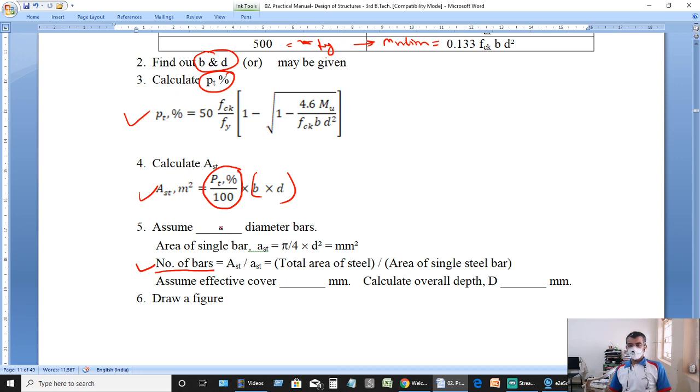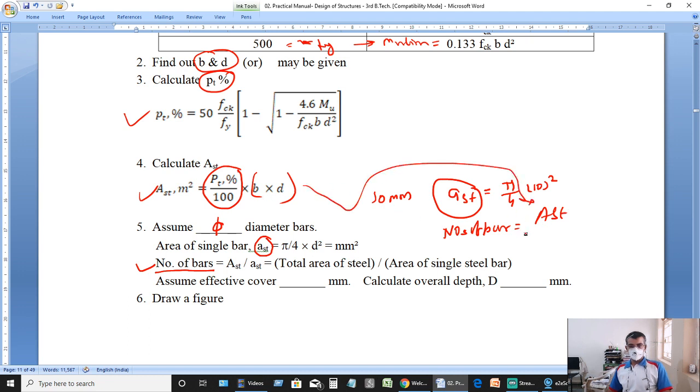For the number of bars, you have to assume the diameter of one bar, and then you find out the area of one bar. Suppose you are going to provide a 10 mm bar, then find out the area of that one bar, that is small ast is equal to pi by 4 d square, that is 10 square, and that is your small ast. And the total number of bars will be the total area of steel required divided by the area of steel of one bar.